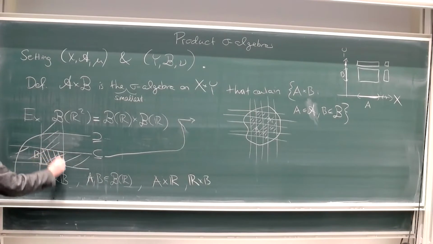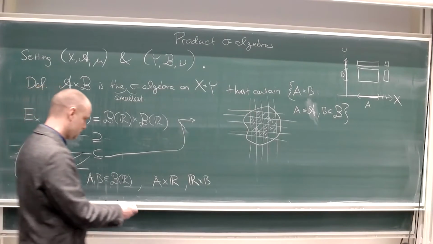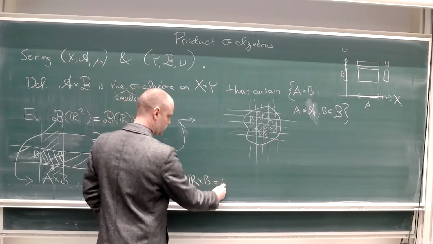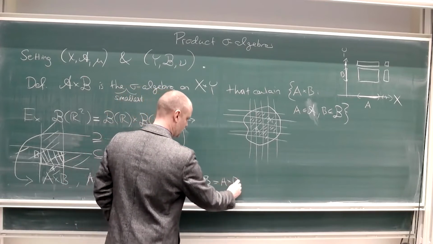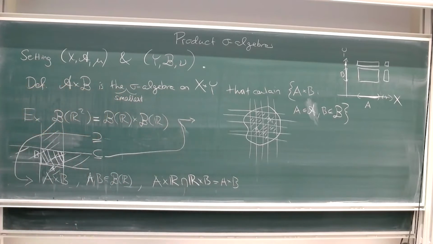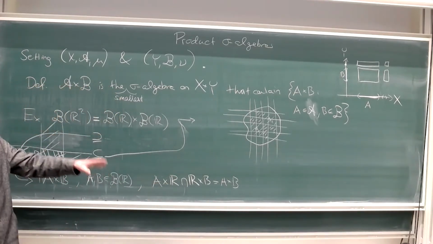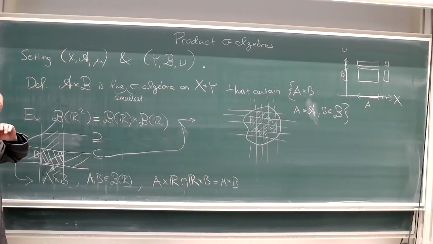So this set here in the middle that I'm interested in is actually the intersection of these two. So that's the first realization. But still, we have to show that it's an element in here.